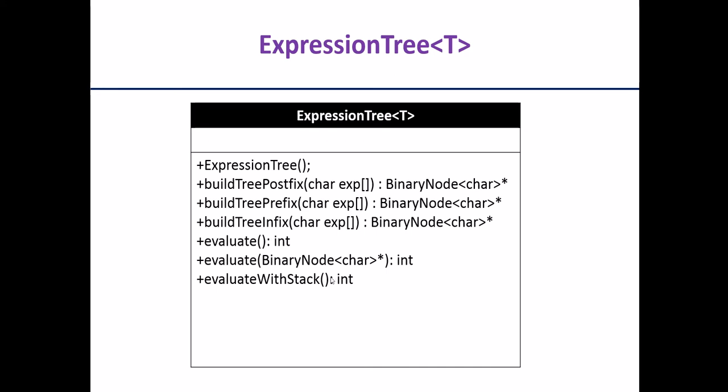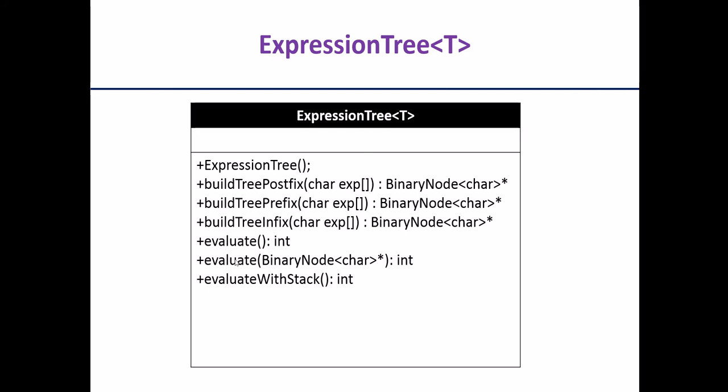All the evaluate functions will return an integer value. That means they will evaluate and compute the value and return it to you. So here are two functions: evaluate without any argument, and evaluate where a binary node pointer of type char is provided as an argument.